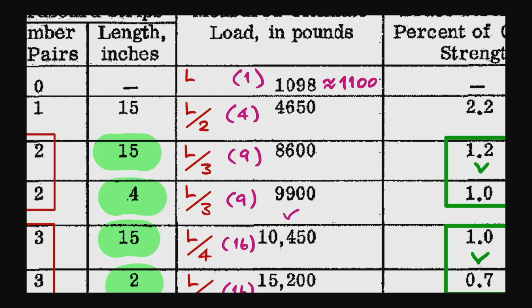And let's look at this one first. As the stiffness is higher due to the shorter length of the brace, you gain the strength up to 9,900. 9,900 is approximately 9 times of 1,100. So this matches with the theoretical prediction that strength should be gained up to this far.